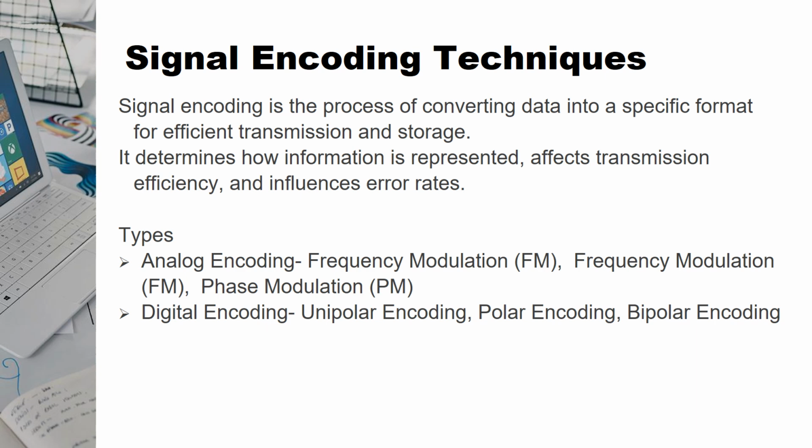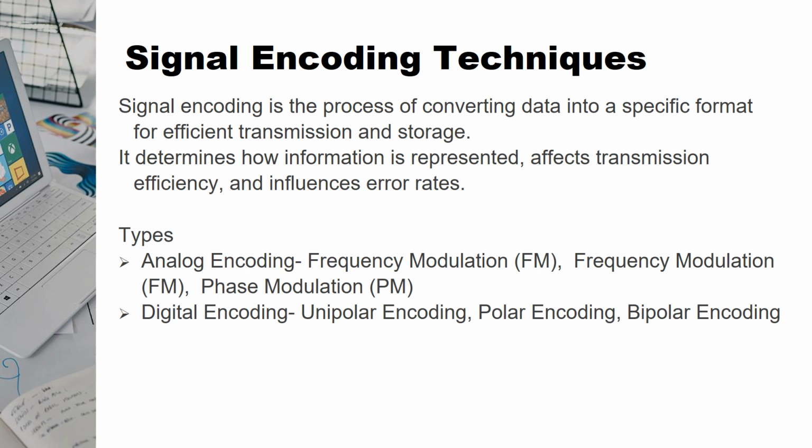Then moving on, signal encoding techniques can also be categorized into analog and digital encoding. This is the process of converting data into a specific format for efficient transmission and storage.